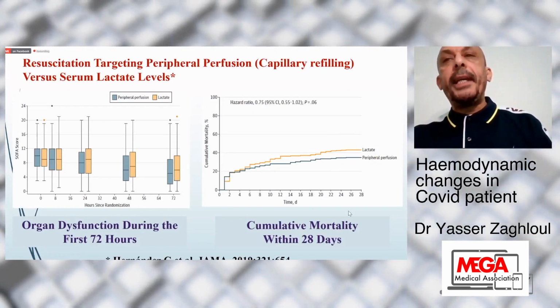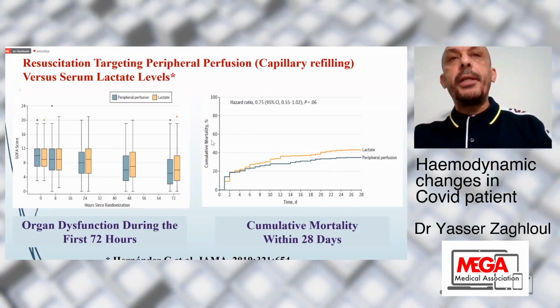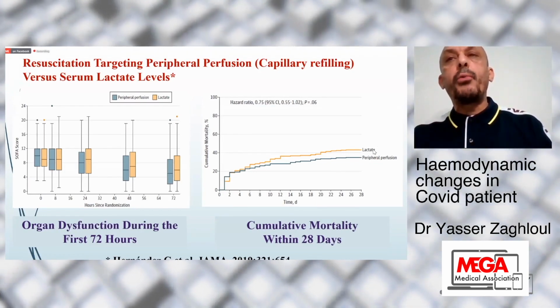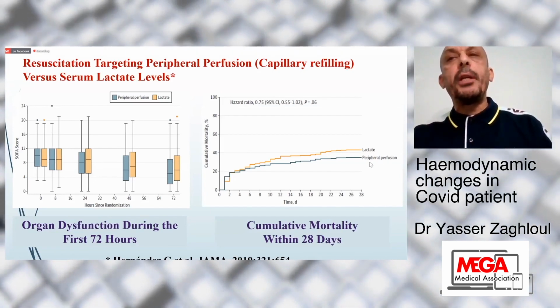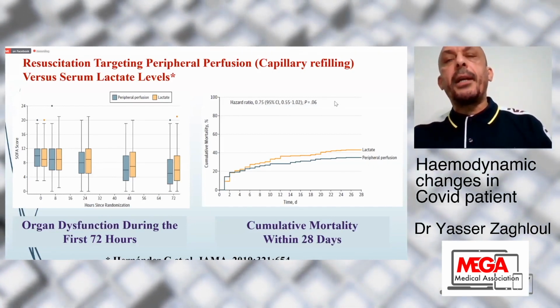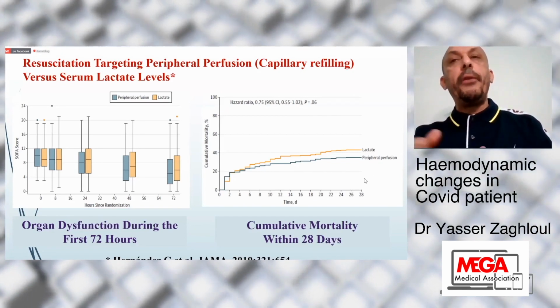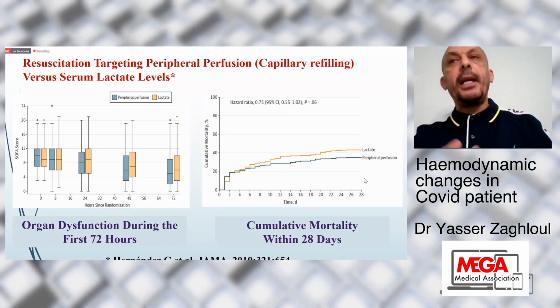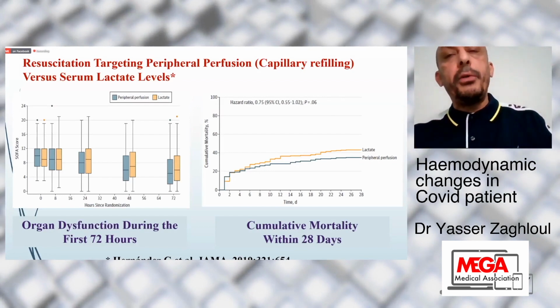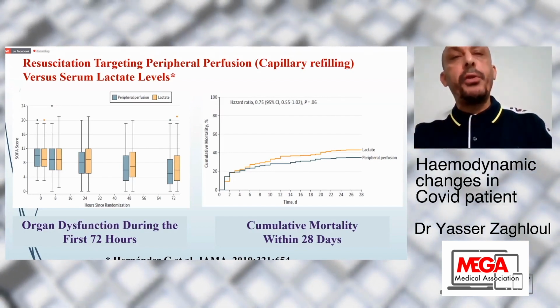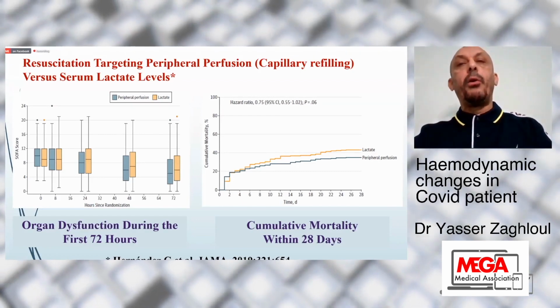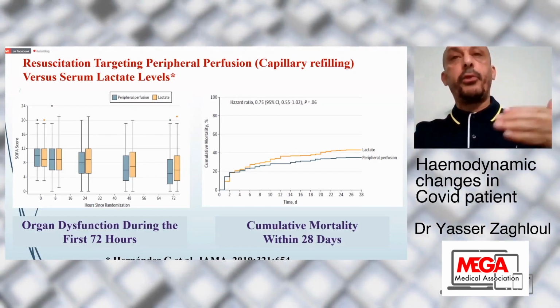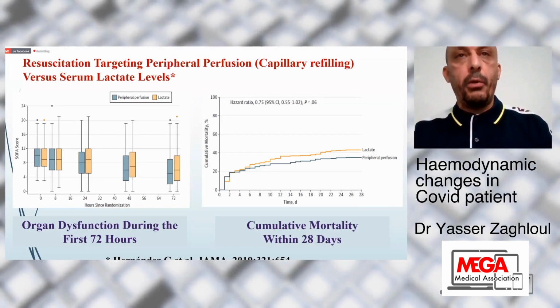After about 28 days, they found that the mortality is very close together. Lactate is around 41%, peripheral perfusion by capillary refilling is around 38%. So if you are using capillary refilling as a target for fluid resuscitation, it is very close to lactate, if you don't have lactate available, or it may be difficult to do it very frequently in your hospital.